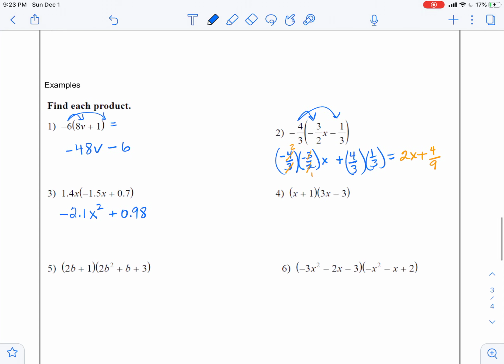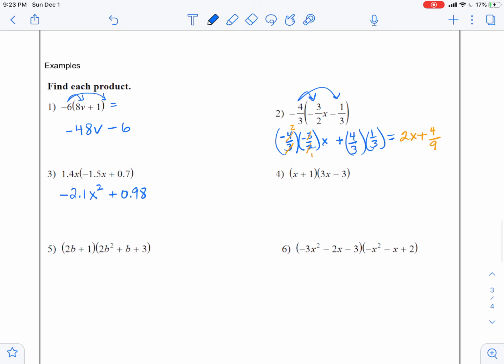Now, I'm going to show it to you as FOIL and as distributive property both, just so you see. So distributive property, what it means is to take this x times both of these, okay? So that would be x times the 3x minus 3, and then it also means to take the 1 times both of these. So we could write it as 1 times the 3x minus 3. So that would be, again, your distributive property.